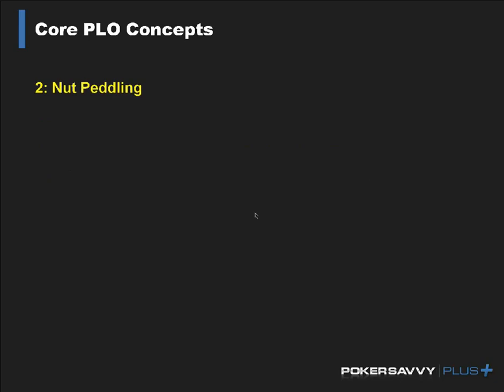Point two, nut peddling. I want to talk about what nut peddling strategy is, first of all, and then I'm going to talk about what my response to the idea of nut peddling is. Nut peddlers basically look at Omaha as a game where your only goal is to make the nuts and your opponent's only goal is to make the nuts. Therefore, you exclusively play hands pre-flop that make the nuts.